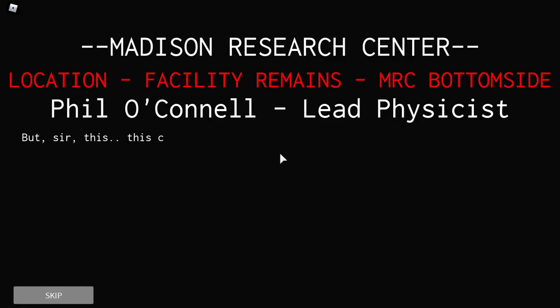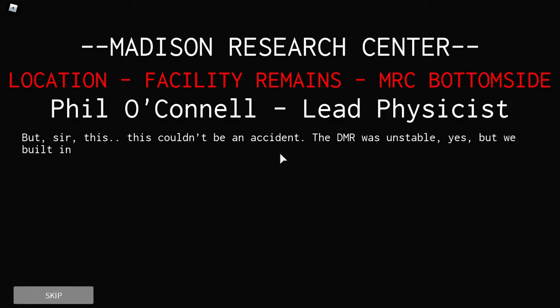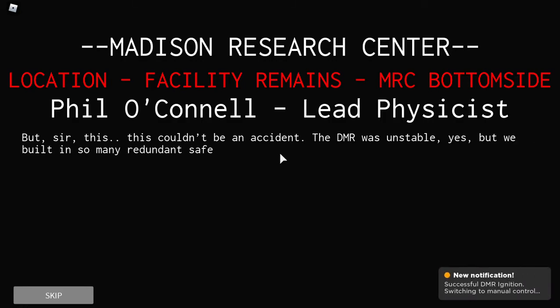The DMR was unstable, yes, but we have so many redundancies. Even if the shutdown worked somehow, someone had to have disabled it. And Dr. Qserf ordering the lockdown today of all days, it lines up too perfectly. The public deserves to know that someone did it. And if you're not going to tell them, then I will.